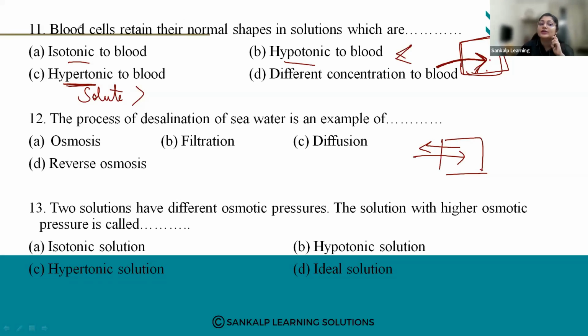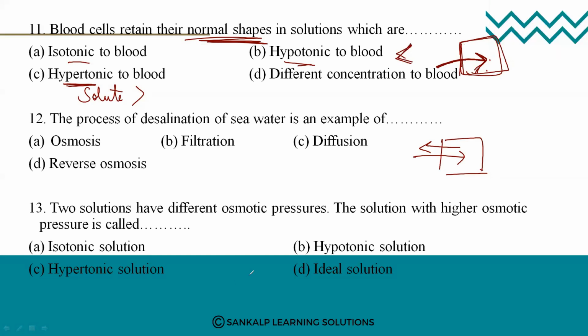The question says blood cells retain their normal shape in a solution hypotonic to blood. But if the concentration of the solute is less, the water from outside is moving inside.